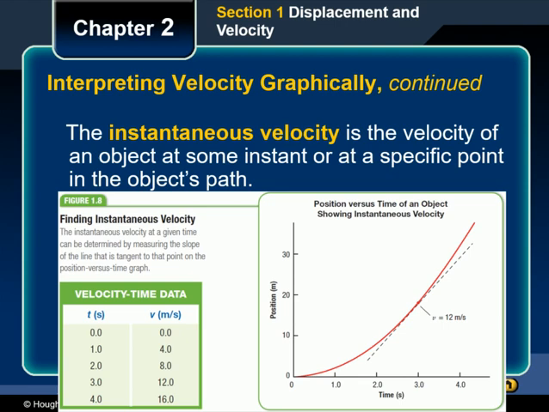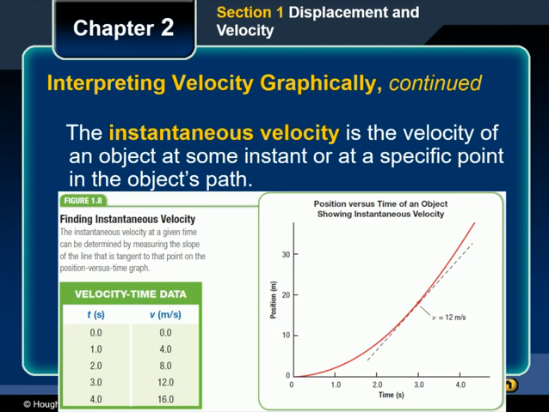To determine the velocity at some instant, such as t equals 3.0 seconds, we study a small time interval near that instant. As the intervals become smaller and smaller, the average velocity over that interval approaches the exact velocity at t equals 3.0 seconds. This is called the instantaneous velocity.